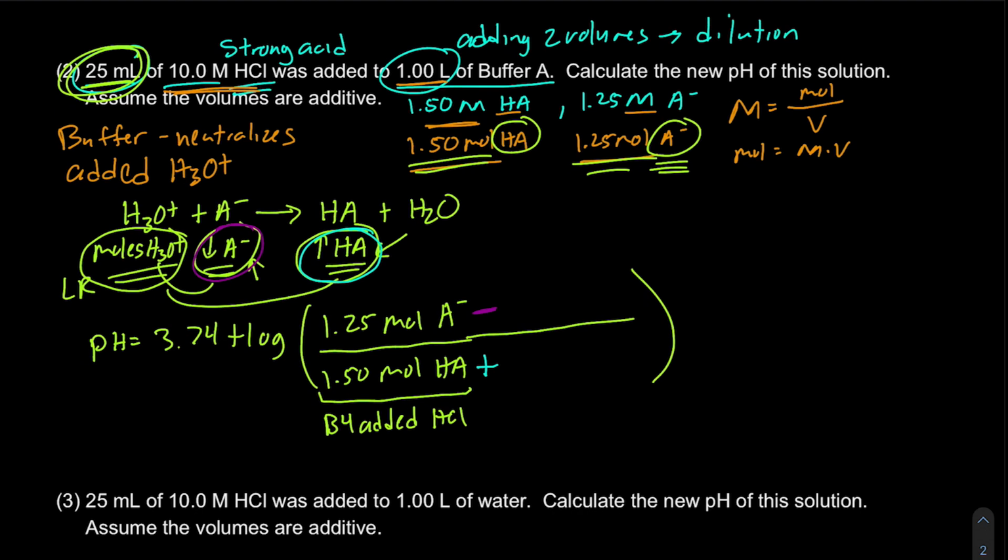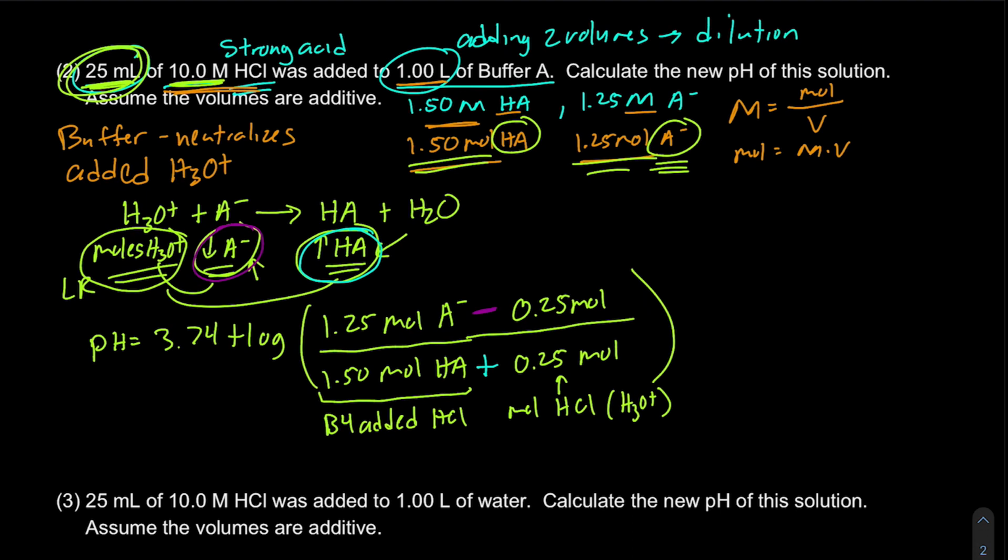Now, again, if we look at our volume and molarity of our HCl, that would tell us that we're going to have 0.25 moles of HCl that is added. So again, here, this is the moles of our HCl, which is also the same as the moles of H3O plus that we add, because we know that HCl is a strong acid. It completely ionizes.